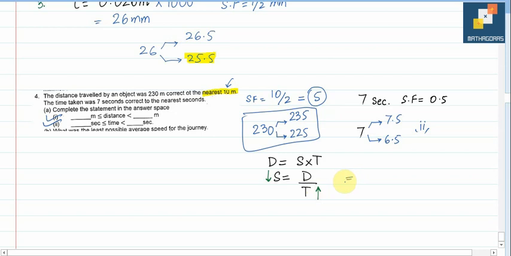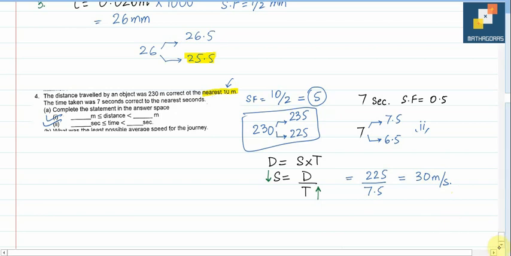So the lower value of distance is 225 and the highest value of time is 7.5. So 225 divided by 7.5 gives you 30. So the average speed is 30 and the unit is meters per second. That is your answer.